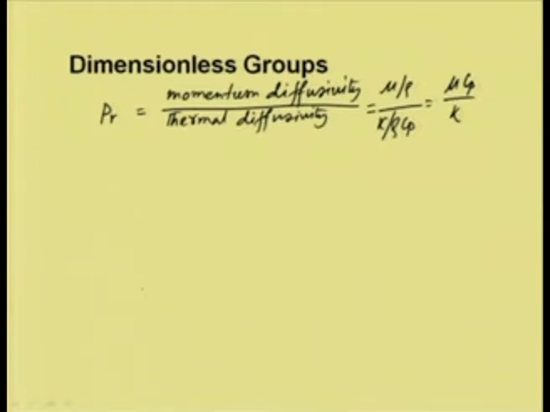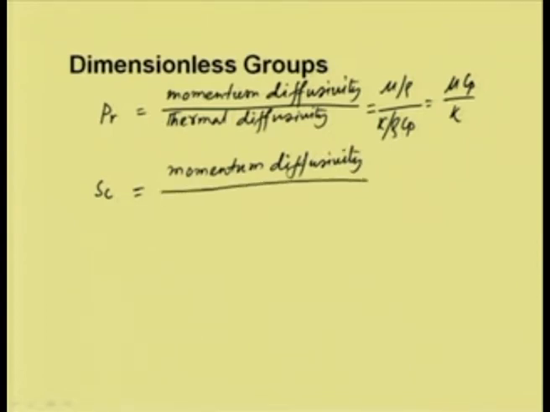The analogous number in case of mass transfer is the Schmidt number, which is equal to the momentum diffusivity divided by the molecular diffusivity.